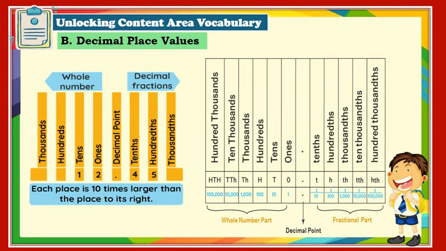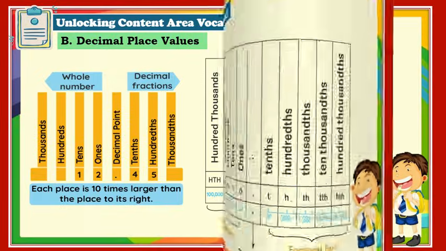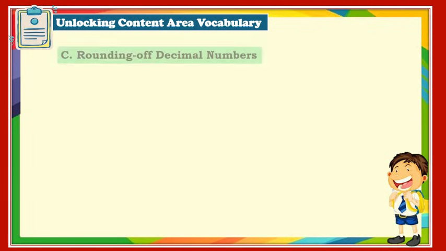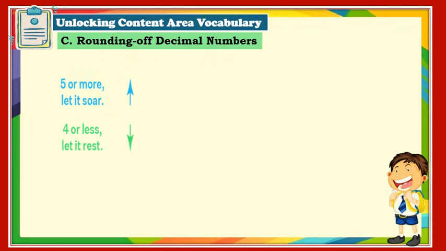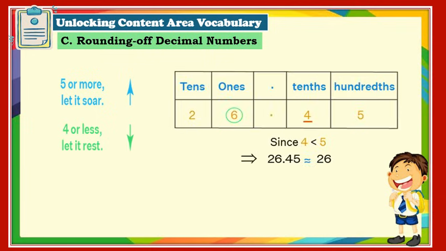We also have rounding of decimal numbers. For example, if 5 or more, let it soar. 4 or less, let it rest. We also have this in the place value chart. If we're going to round off 26.45 to the ones place, just look for the rounding digit, which is 6.